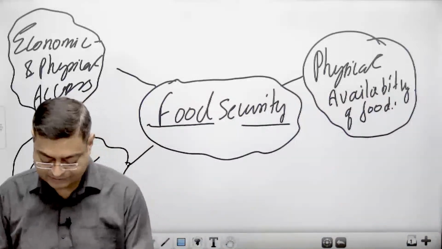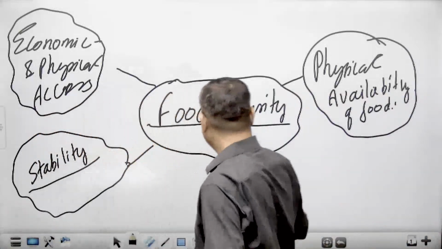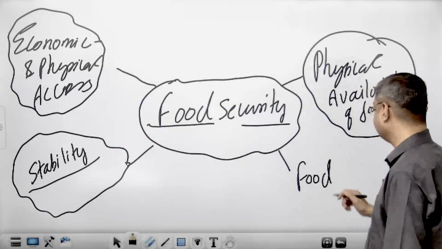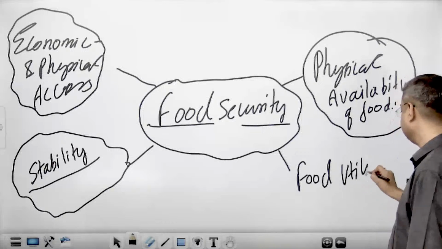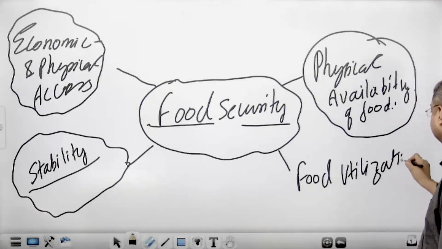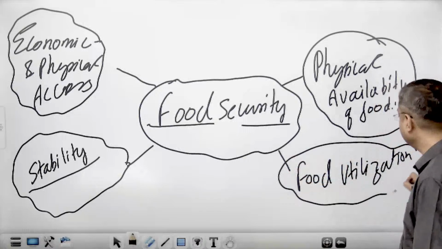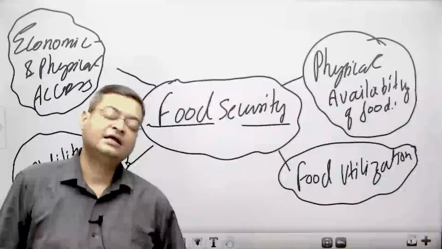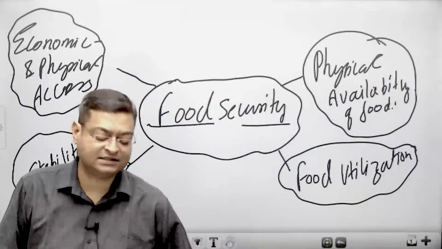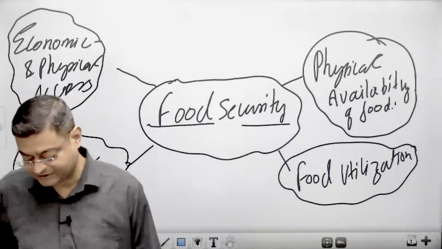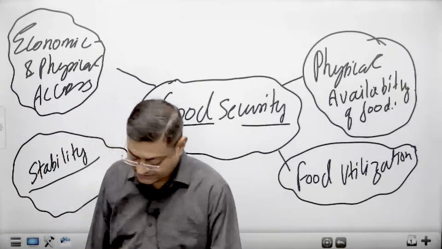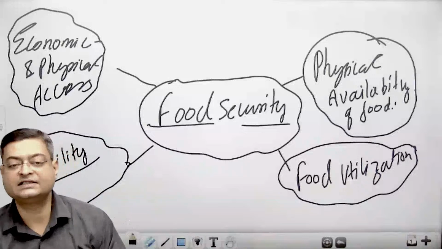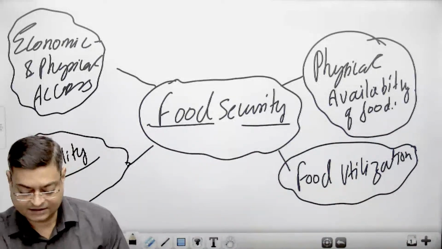And the last component is food utilization. See, this definition comes from the World Food Summit. It was organized by FAO, that is the Food and Agriculture Organization. It is supported by the UN. Its headquarters is in Rome, Italy, and from there this definition comes. Right. So write it down.